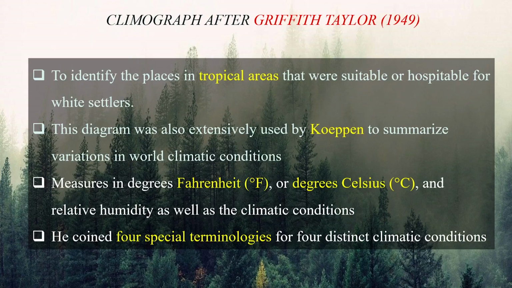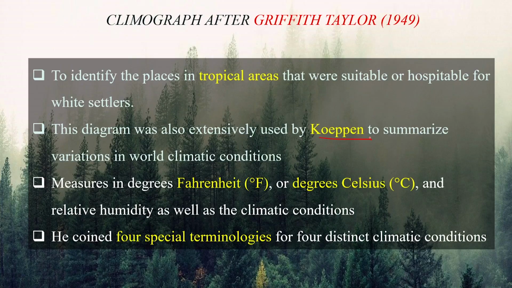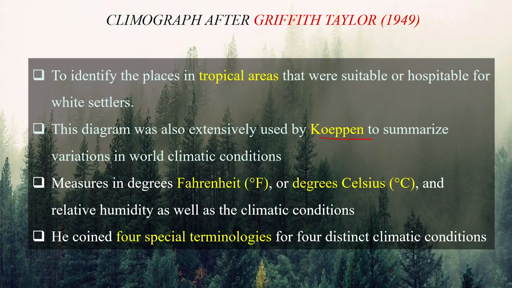Apart from understanding the settlement of the white settlers, it was also used by Köppen. We all know Köppen is very familiar for creating the climate classification. So, he was the one who used Taylor's climograph method.